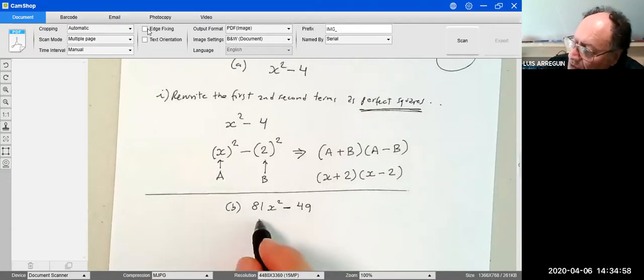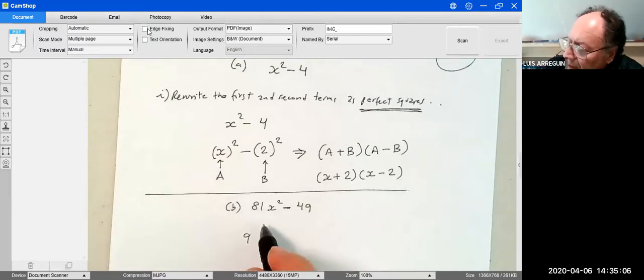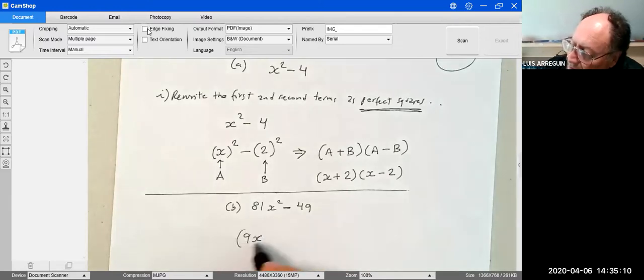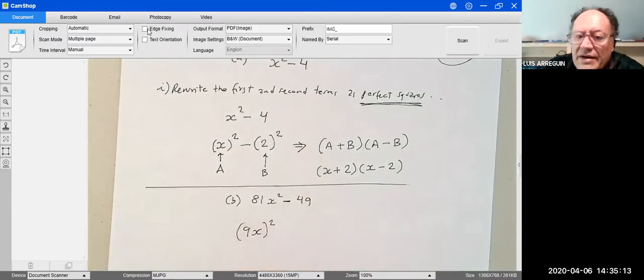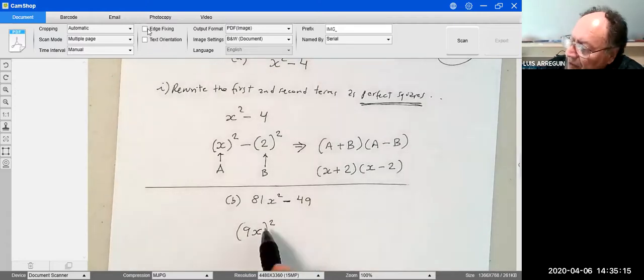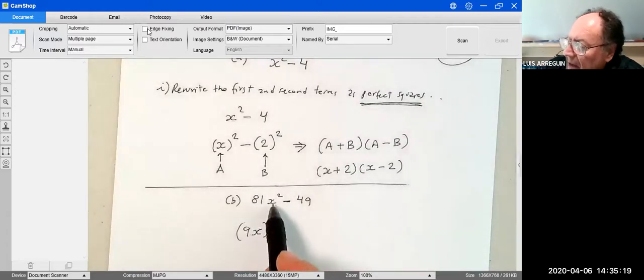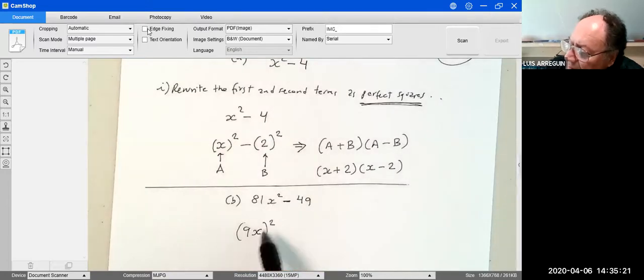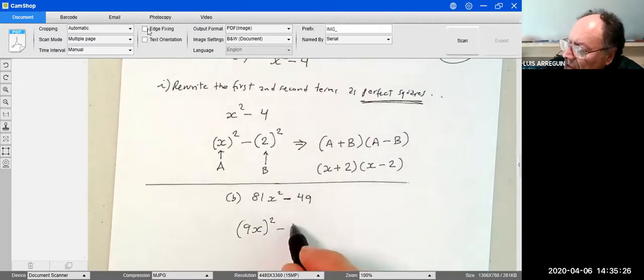So I'm going to write first this as a perfect square. You can write 81x squared as 9x squared. I'm just getting the square root of 81, which is 9, and the square root of x squared, which is x. Then you square it, and that's my first term. The second term is just 7 squared.